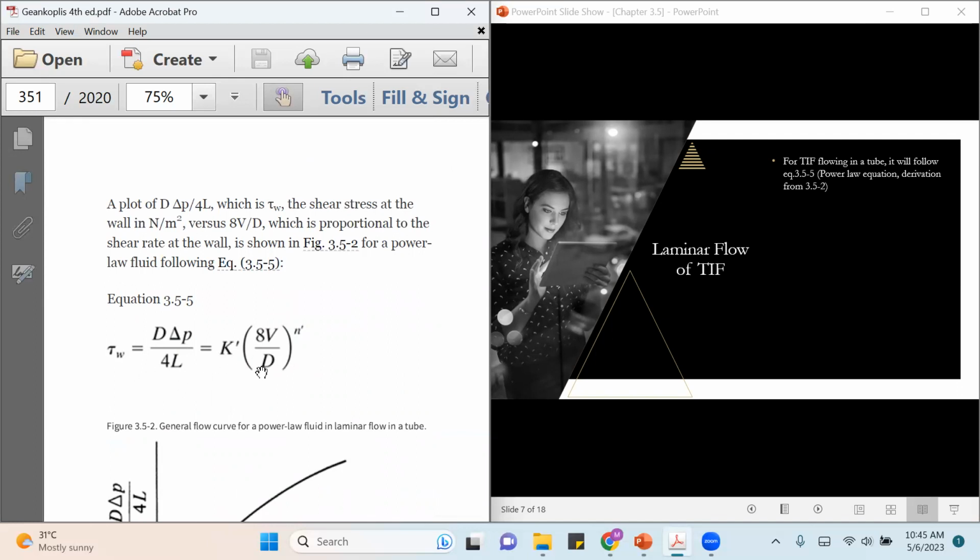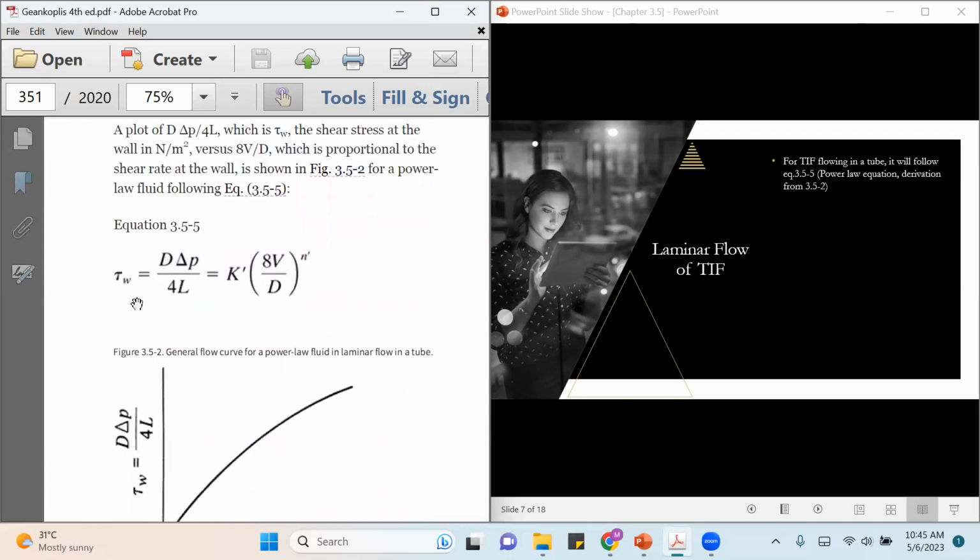So tau_w equals the diameter of the pipe times the delta pressure of the fluid inside the pipe, divided by 4 times the length of the pipe, equals K' times (8 times velocity divided by D of the pipe) to the power of n'.